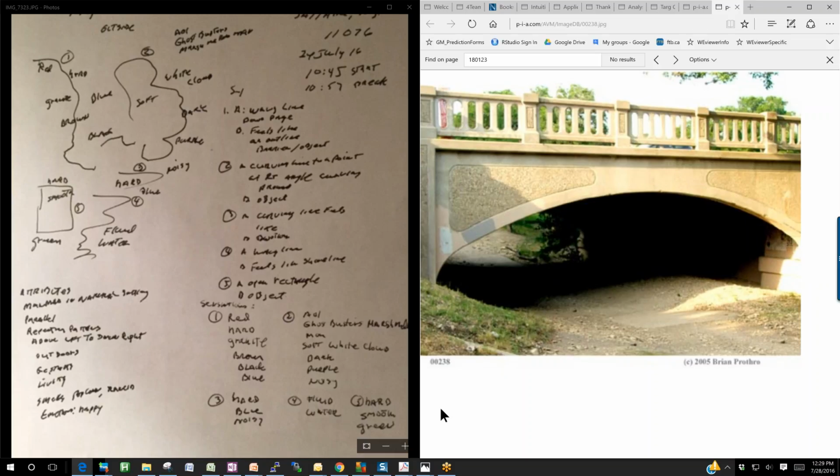But now I don't see any of the water stuff. Blue is now off, red is off, hard is on, granite is on, brown is okay, black again, notice it's hard to find a picture that does not have some black in it. And it's true of white as well.